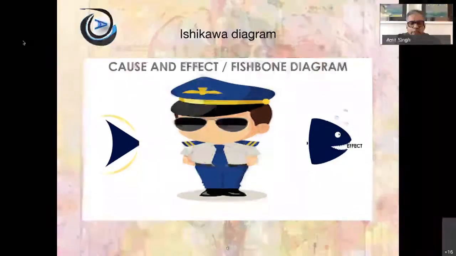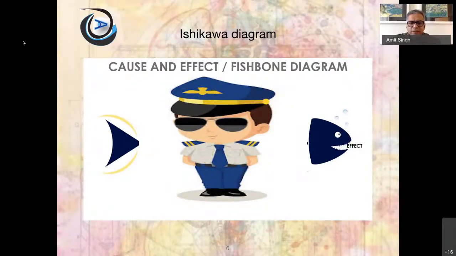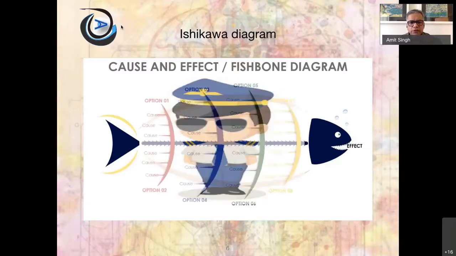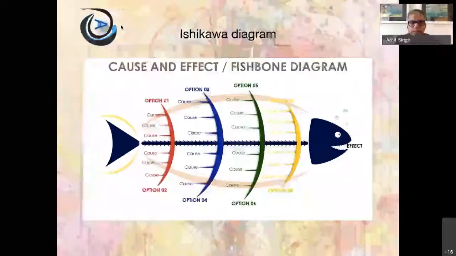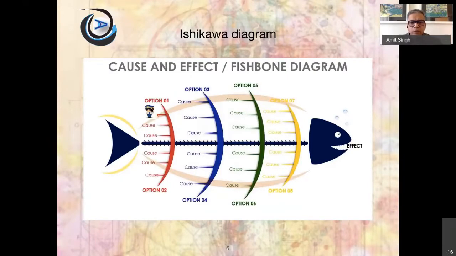Now he reduced the pilot size basically. So now you see the options available. So there are multiple causes. That was the basic premise of Ishikawa fishbone. And the pilot becomes one of the causes, which is the small one. There are multiple causes. So he is not a big factor now because you have to analyze multiple factors.